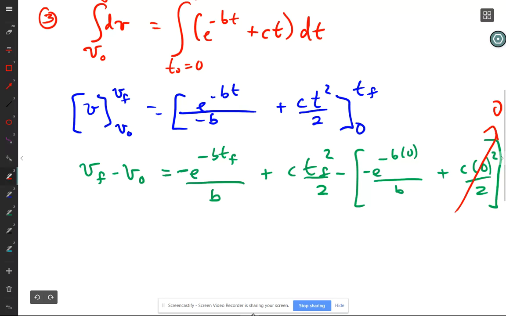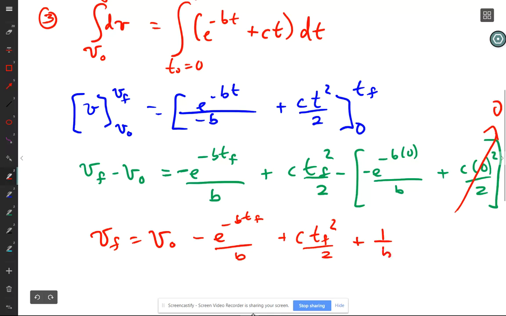So I'm left with, moving the v initial over, so v final minus v initial became v final equals v initial. And so there I have my equation for v final.